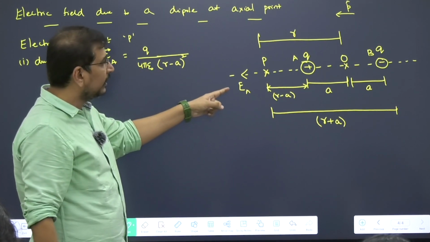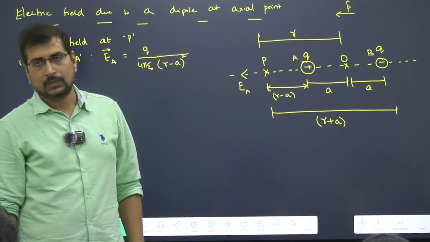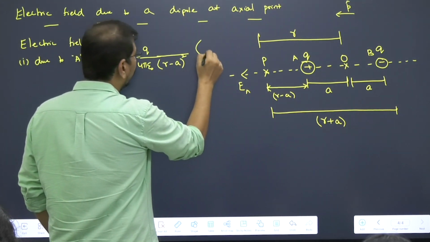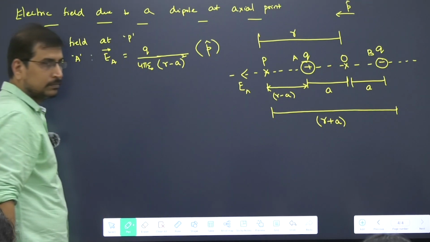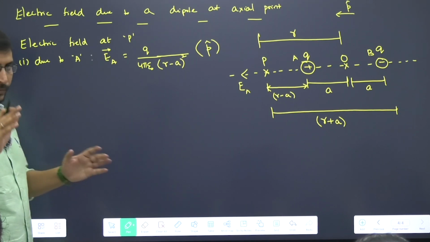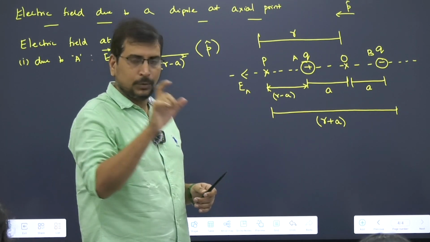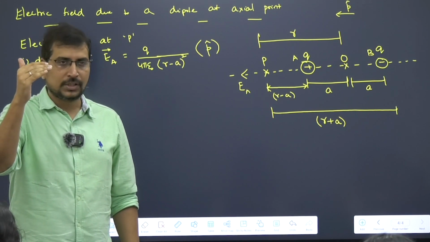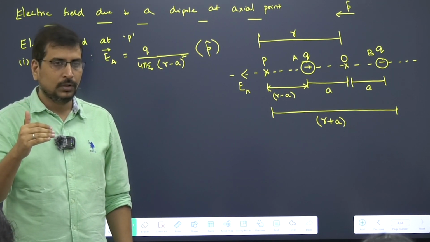So compare the direction of EA with the dipole moment. Are they both in same direction or opposite direction? Same, right? So can I put it as P cap? Makes sense? So what did we do? It's very simple. First, I wrote the magnitude part. What does the magnitude part speak about? Magnitude of the charge divided by 4 pi epsilon naught into distance square.